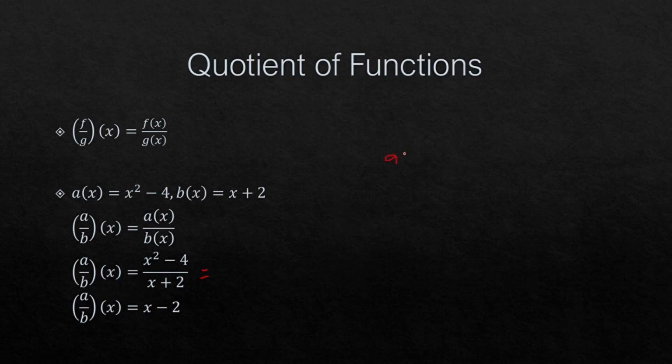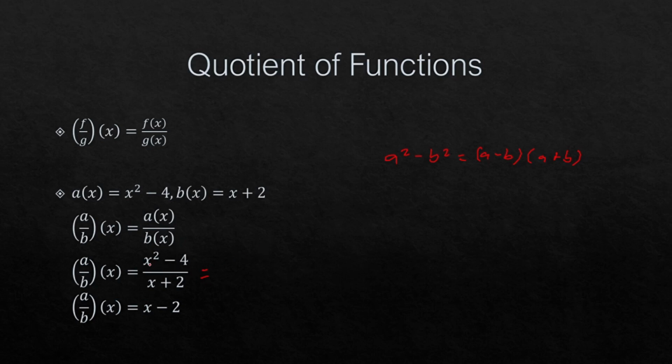So, a squared minus b squared is equals to the quantity of a minus b times a plus b. So, paano natin ito ma-apply dito?